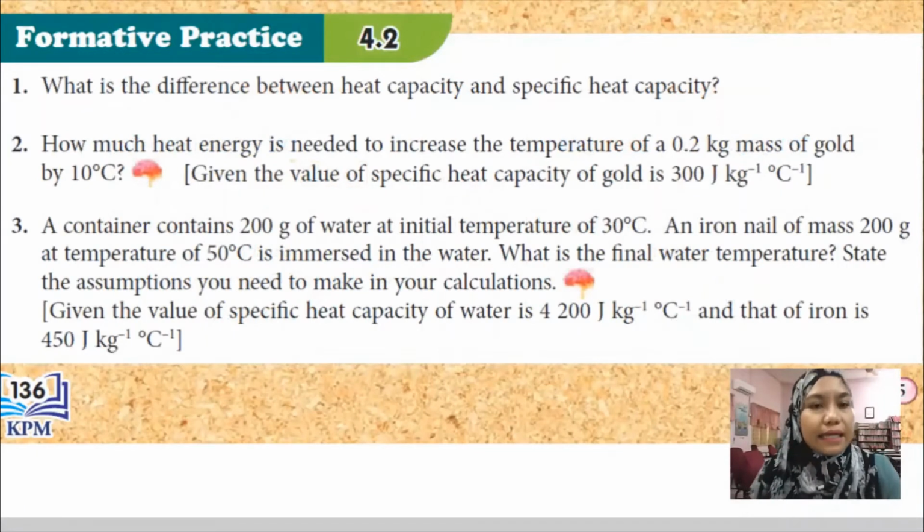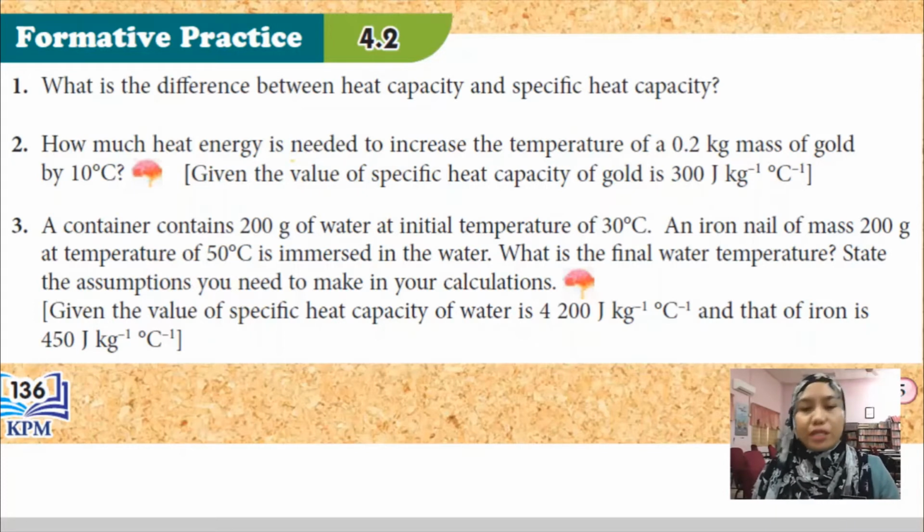How much energy is needed to increase the temperature of 0.2 kilogram mass of gold by 10 degrees Celsius? The unit for mass is in kilogram, the unit for temperature is in Celsius, and the specific heat capacity of gold is given as 300 joule per kilogram per degree Celsius.